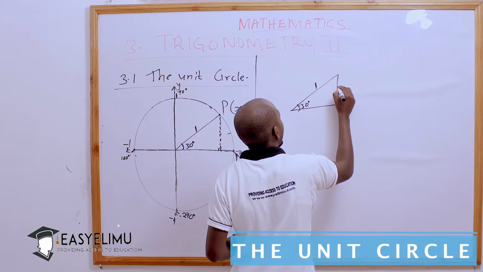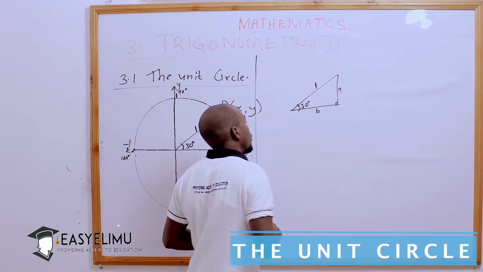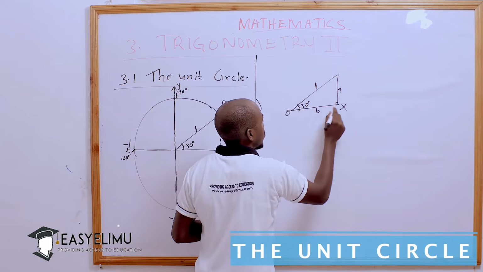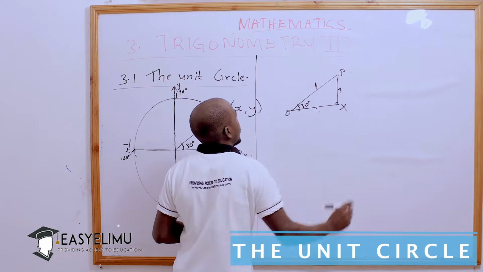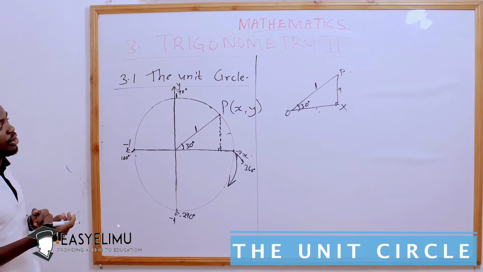So we are going to have the height, which may be A, and the base, which is B. This is point P. Finding PX is simple, and even finding OX is simple.